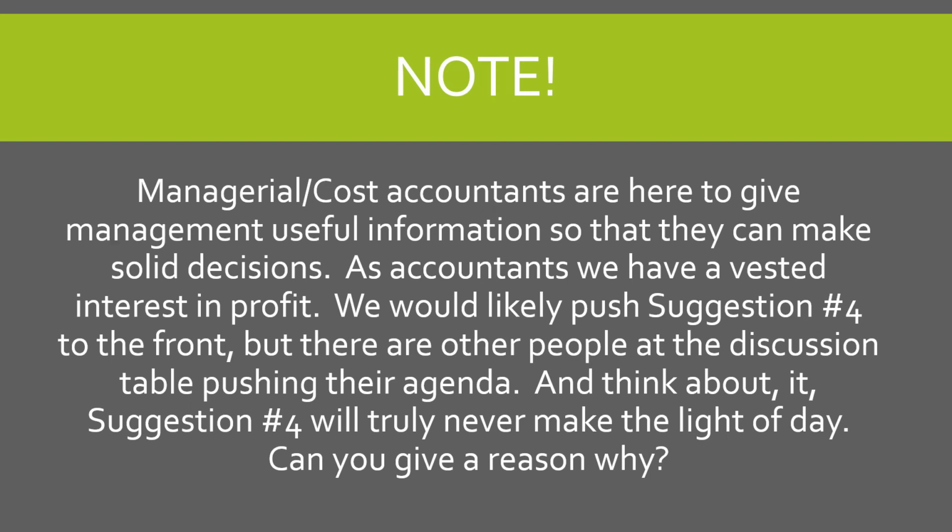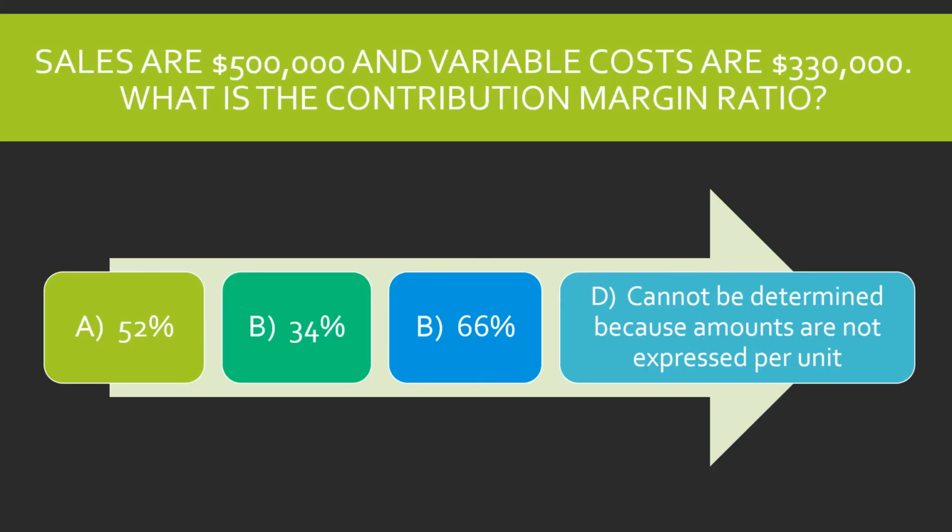But for accounting purposes and for this class purposes, I like suggestion 4 because it gives us the most net income. So look at this question and calculate an answer for me and meet me at the next slide.